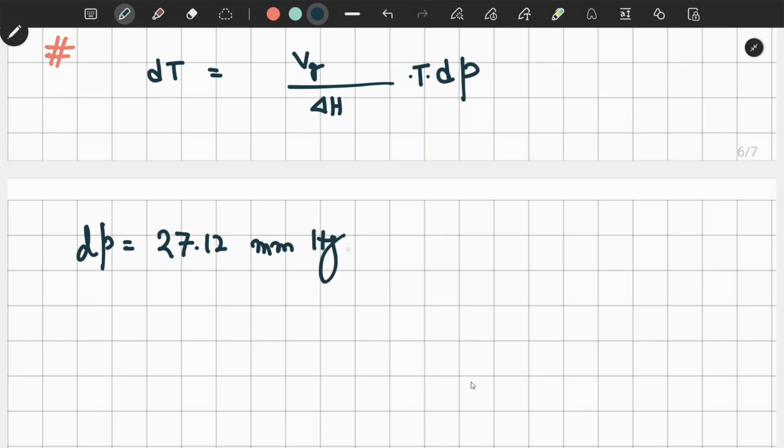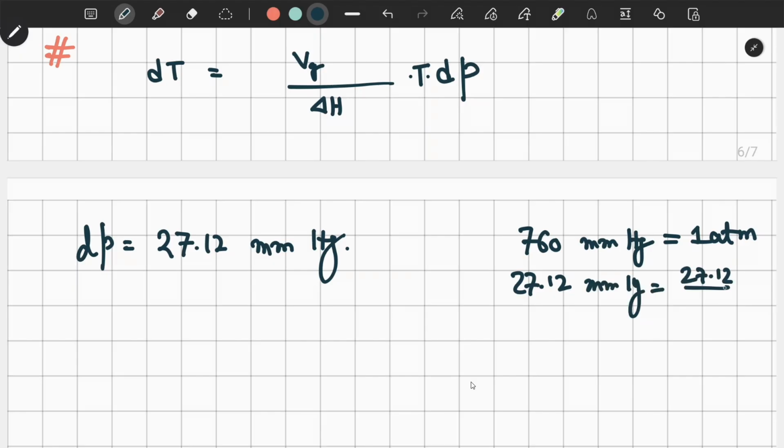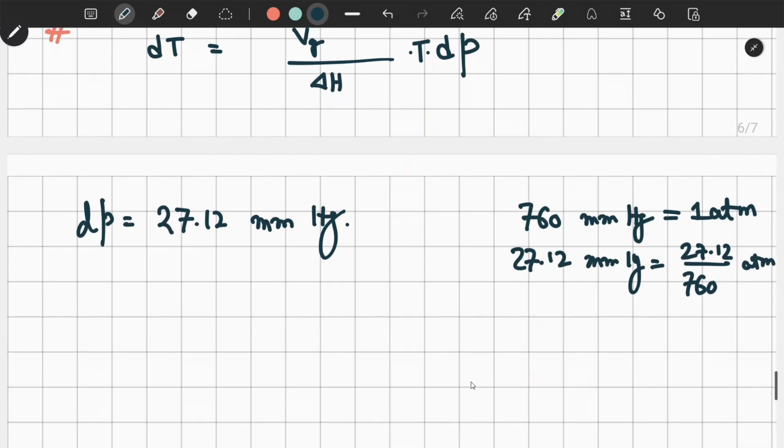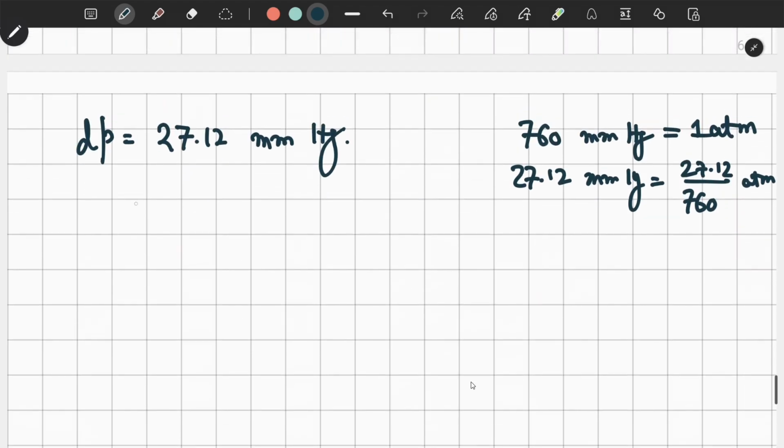You have to convert it into atm. So this is 0.03568 atm.